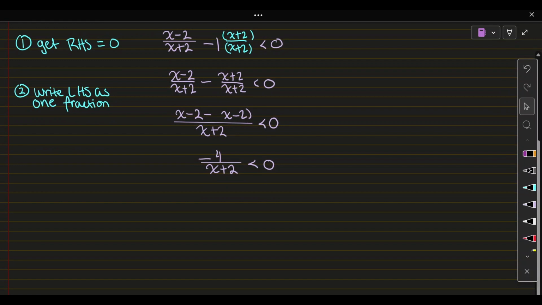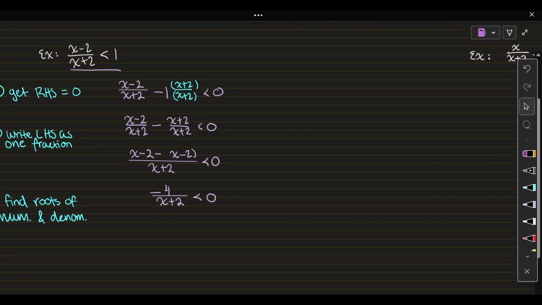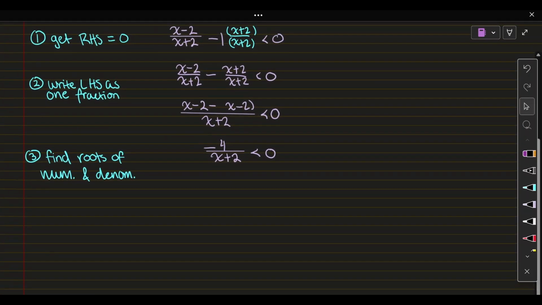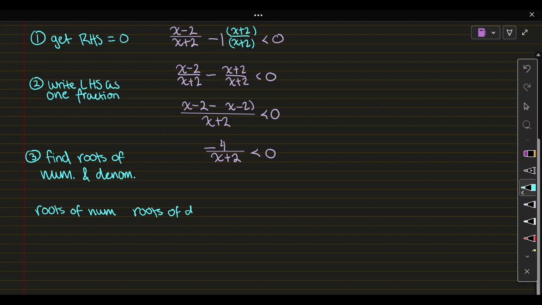Now my third step is to find the roots of the numerator and denominator. I'll keep track of these in a little table here just to keep things organized.